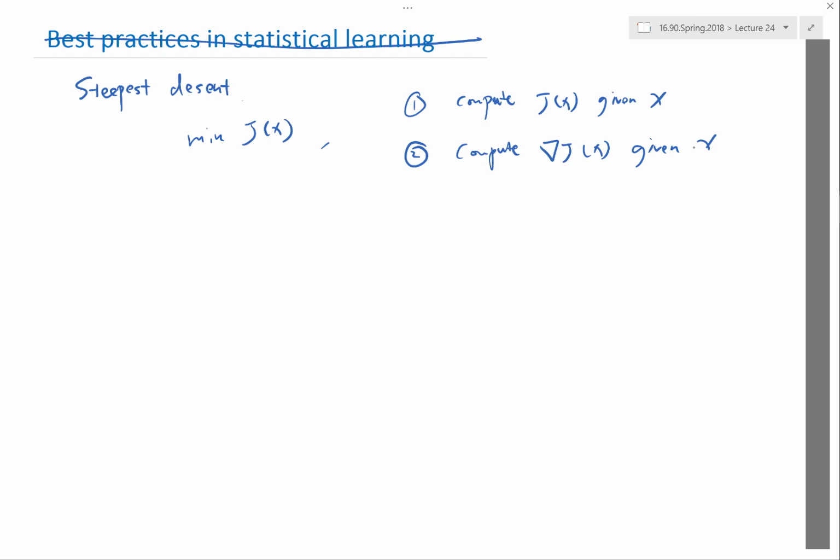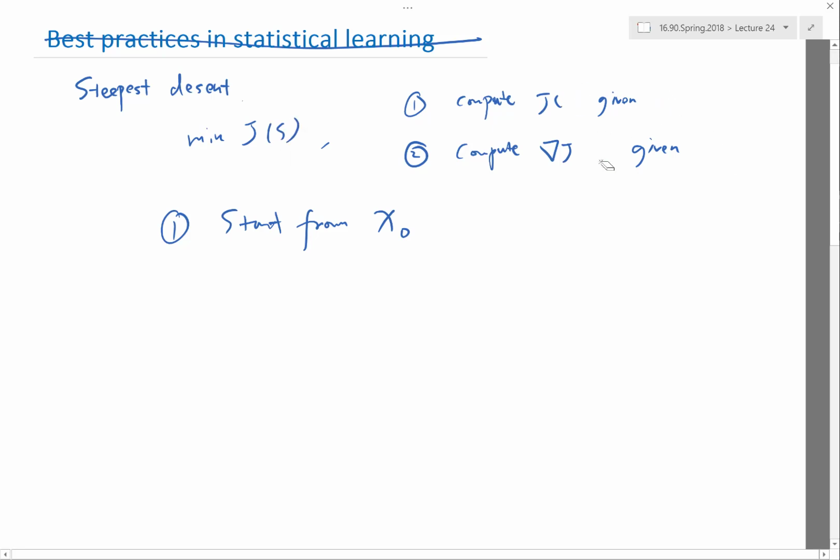So steepest descent is basically saying that I start from an arbitrary x0, my initial condition, my initial guess for my optimization. I think we use s as our optimization parameter, so let me try to be consistent and use s.